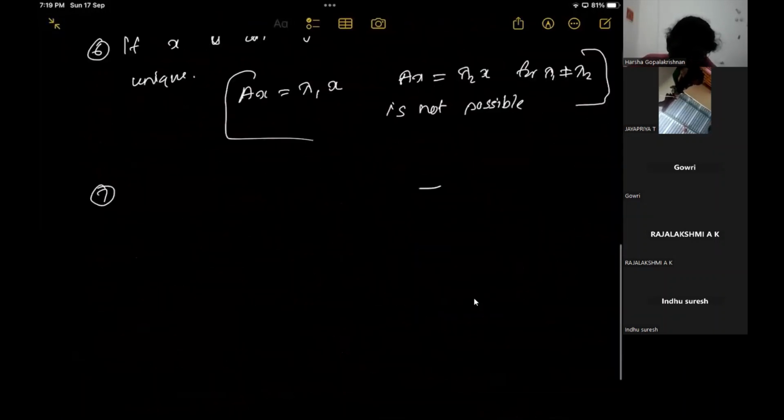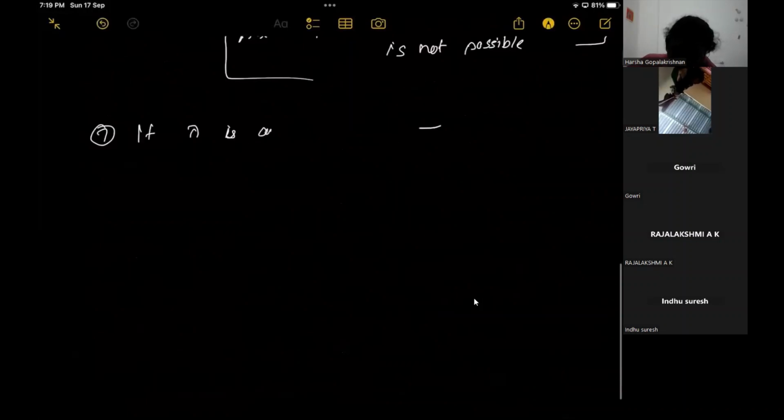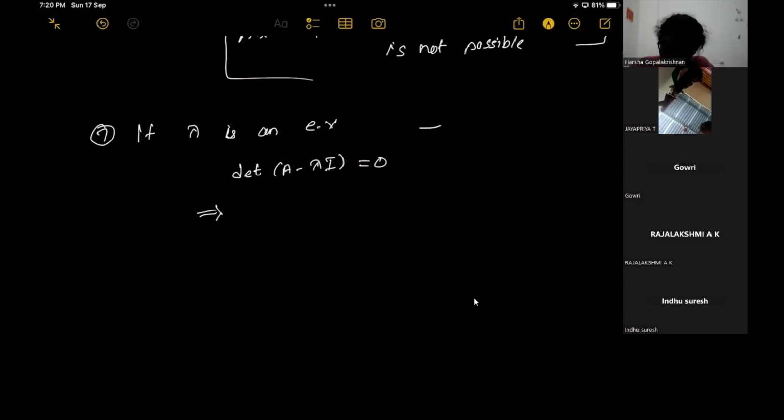If lambda is an eigenvalue, that means lambda is a root of the characteristic equation. So what we have is determinant of A minus lambda I equal to 0. Obviously, A minus lambda I is a singular matrix.